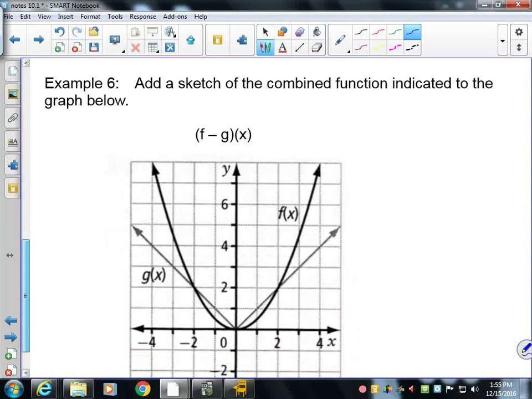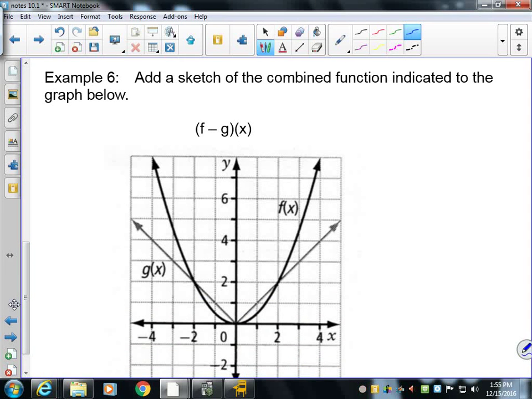All right. Add a sketch of the combined graph, f minus g. So what do we have to do here? At every point we have to take the f and subtract the g. So right here we're at 8. 8 minus 4 is 4, so that's that point. Then here we're close to 5. 4 and a half, you're thinking right here? So 4 and a half minus 3 is 1 and a half, right?